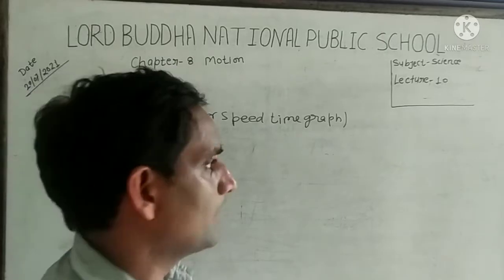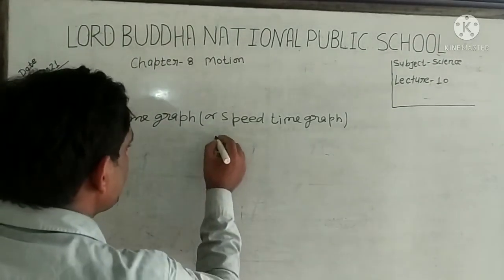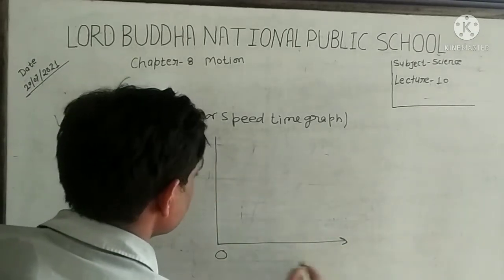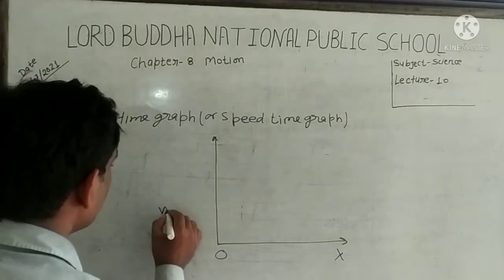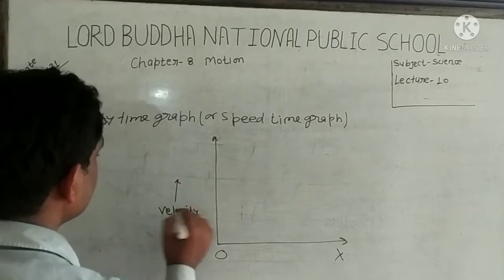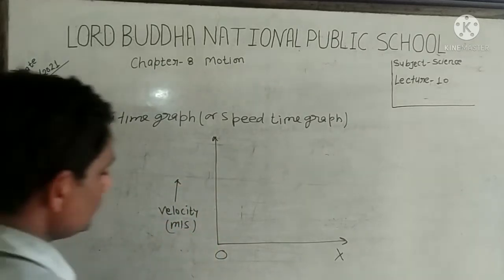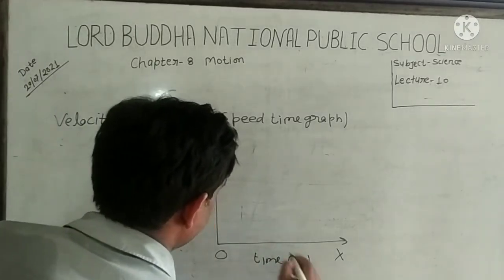To represent the velocity time graph, we take time at the x-axis in seconds and velocity at the y-axis in meters per second.